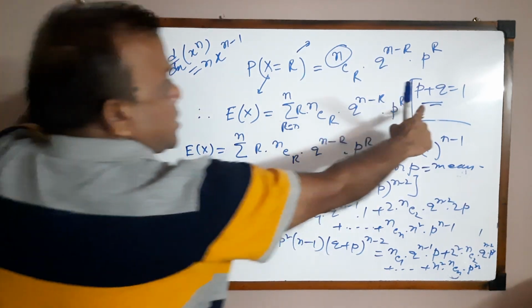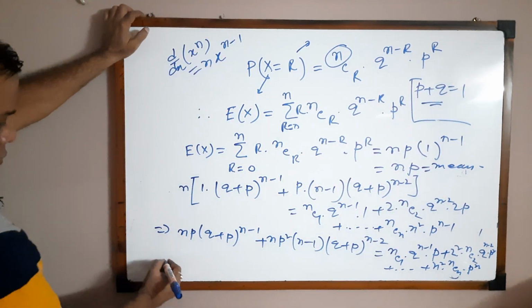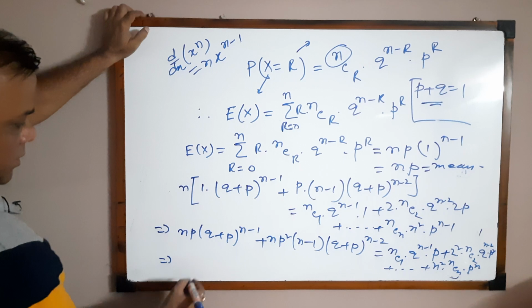We put p plus q equals 1 in the left hand side.